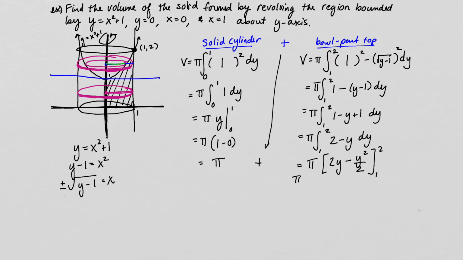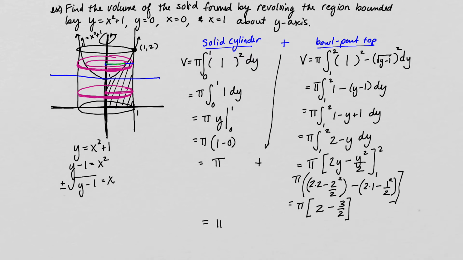So we're going to have pi times 2 times 2 minus 2 squared over 2, minus 2 times 1 minus 1 squared over 2. So this is going to be pi times 4 minus 2, so that whole first part just ends up being 2. And then I have 2 minus 1/2, so that's going to be a minus 3/2. And so 2 minus 3/2 would be 1/2.